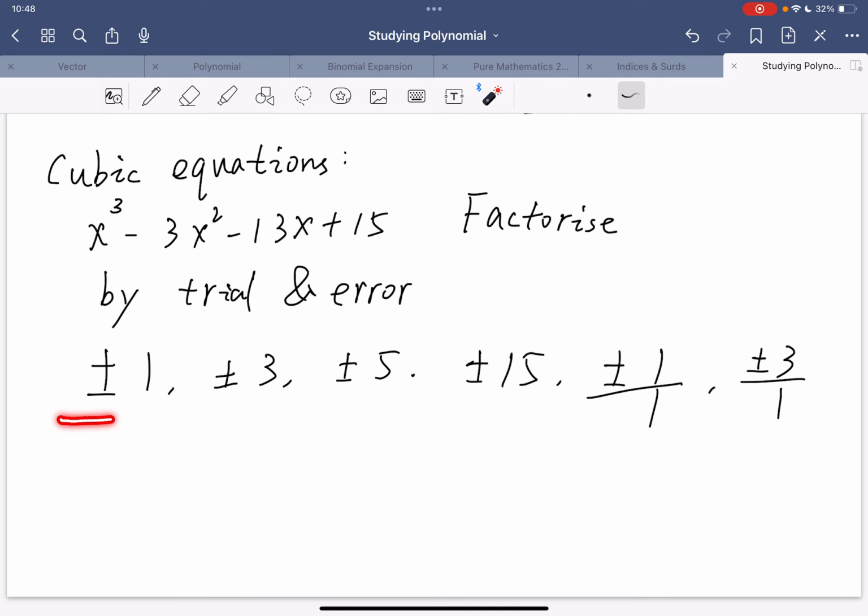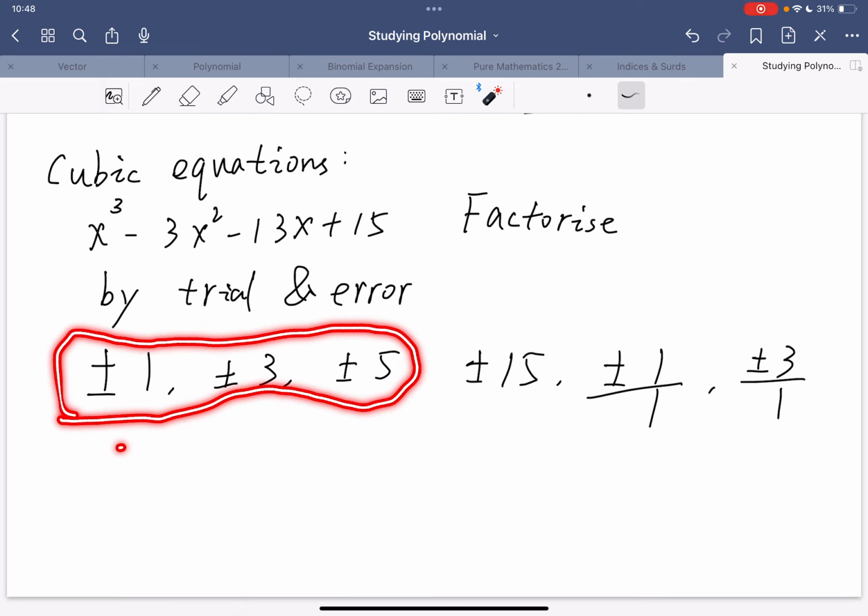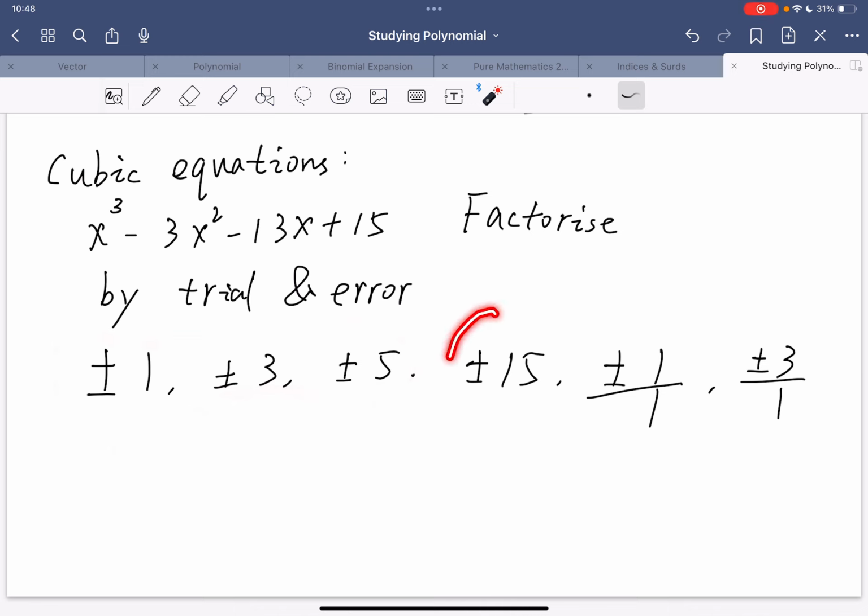However, if you try the 6 factors here and you still cannot find the factor that will make the whole equation equal to 0, then you need to look at the 5th one and the 6th one.